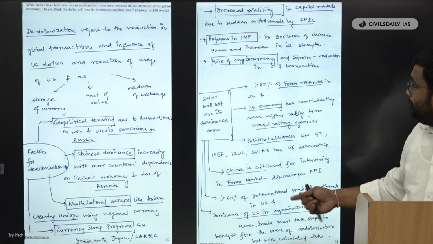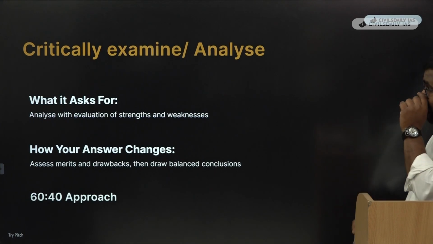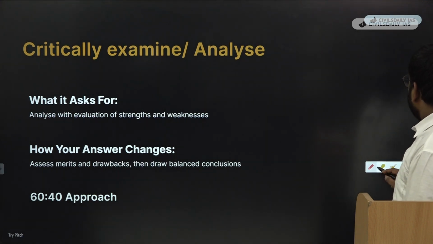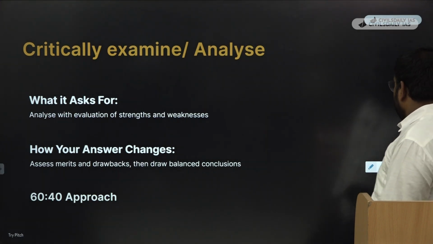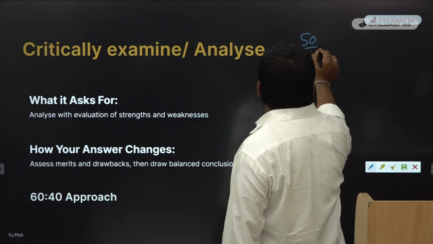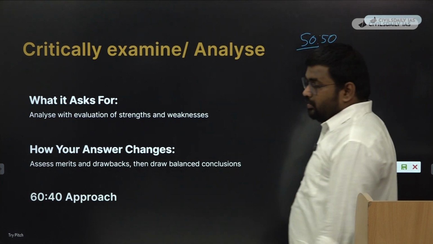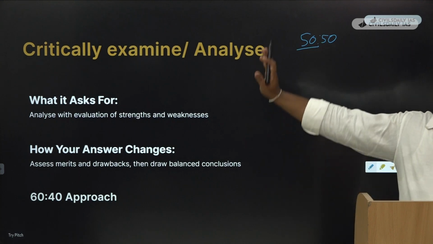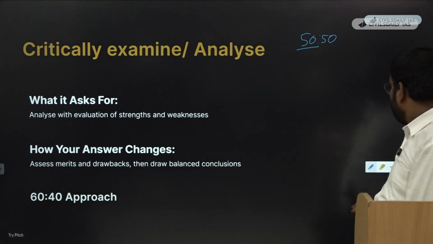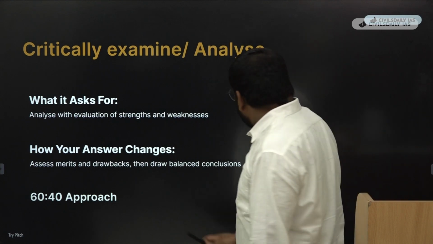Then the third aspect, or the third formula-based directive, is 50-50. So critically examine, analyze, evaluate, all such directives will carry 50-50 weightage. Okay, here not 60-40, it is 50-50.